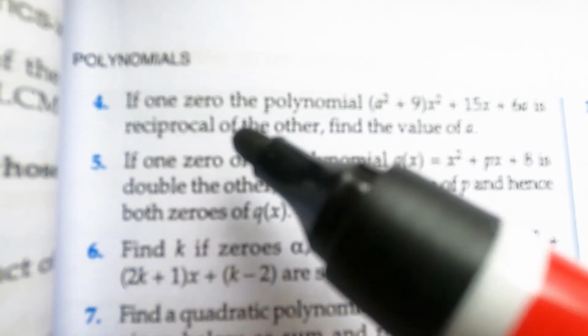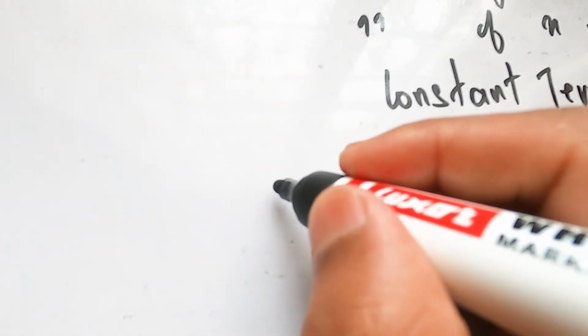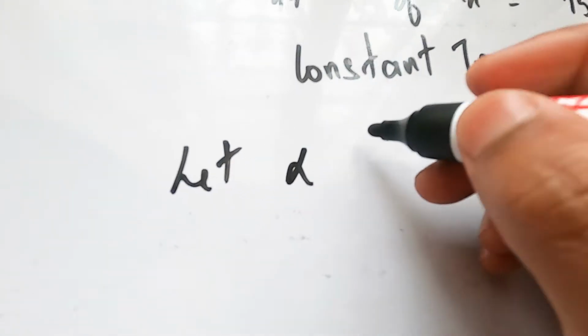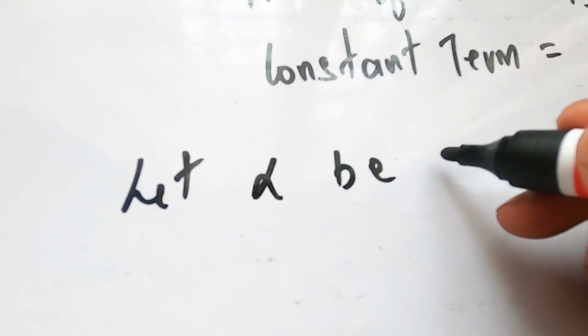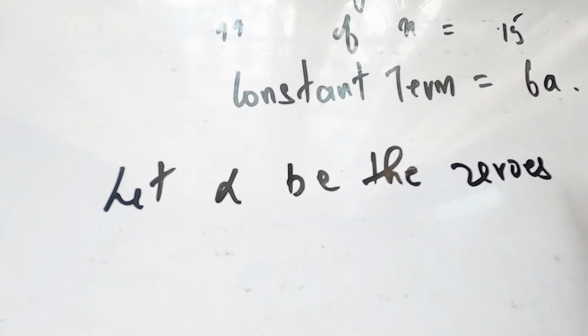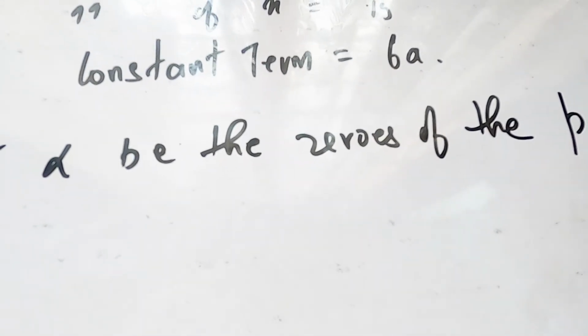All right. So according to the question, if one zero of the polynomial is the reciprocal of the other, so in this case what we will write is, let alpha be the zero of the polynomial p(x).